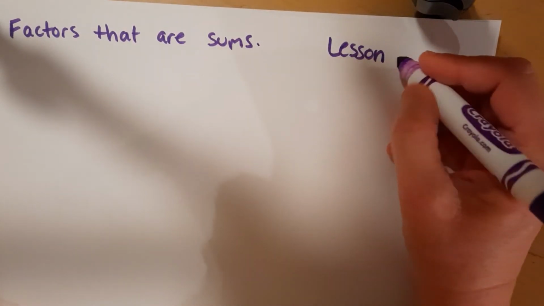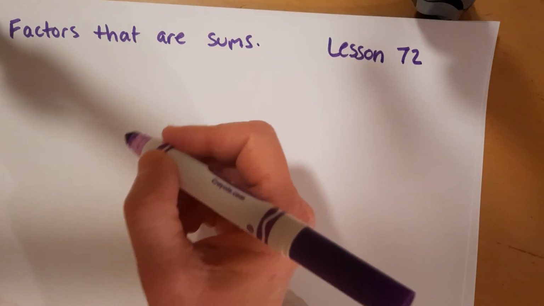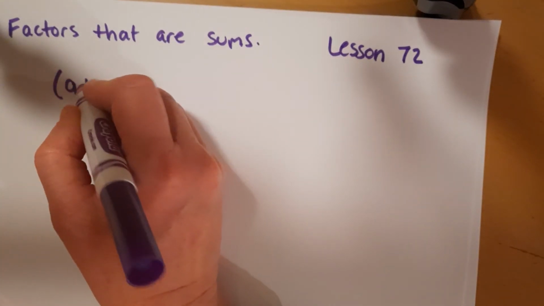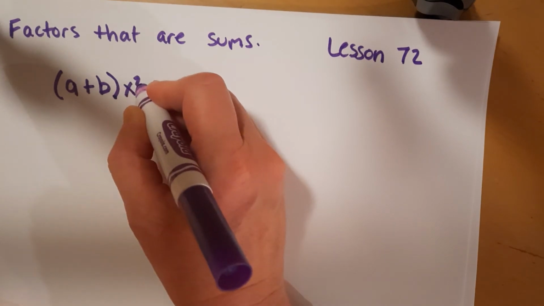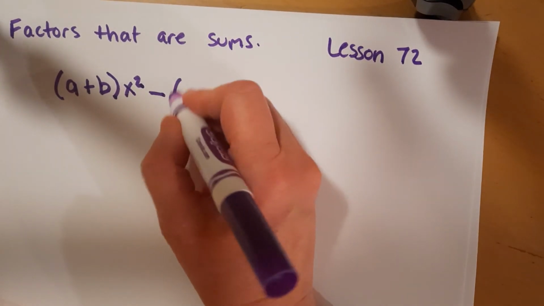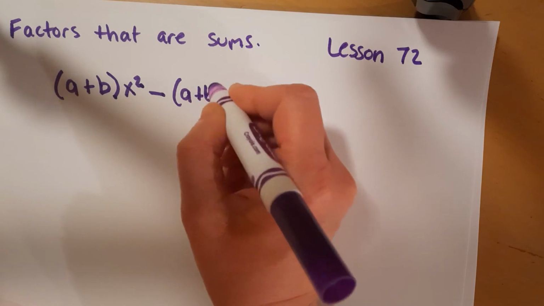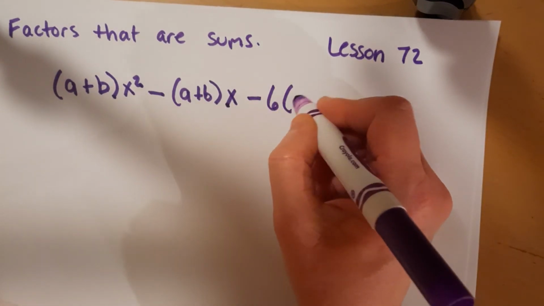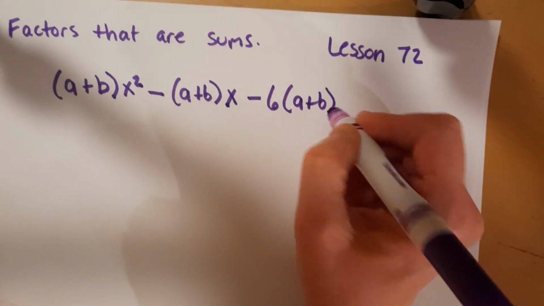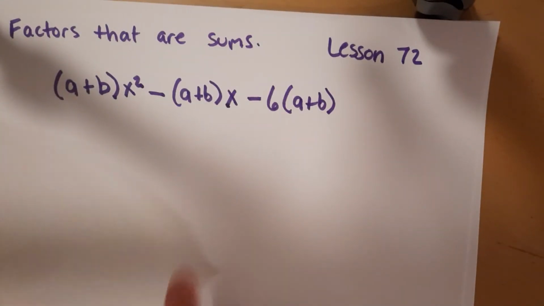Okay, the first one that they're talking about looks like this. a plus b in parentheses times x squared minus a plus b times x minus 6 times a plus b. And they're asking you to factor this.